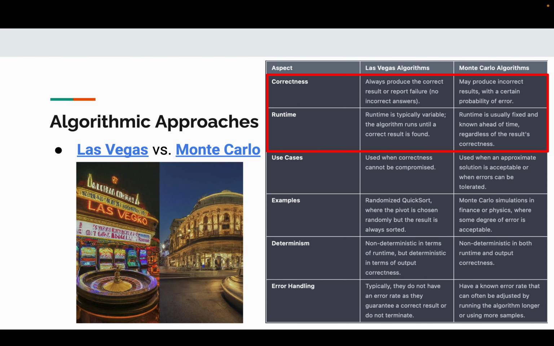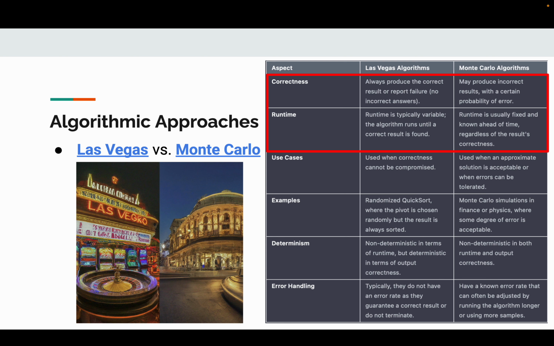Las Vegas algorithms are like a gambler in Las Vegas who plays until they win, ensuring that they always leave with a correct result, even if it takes an unpredictable amount of time.